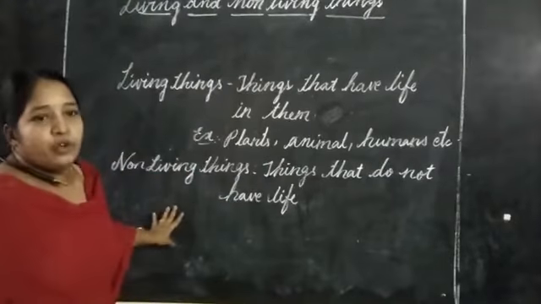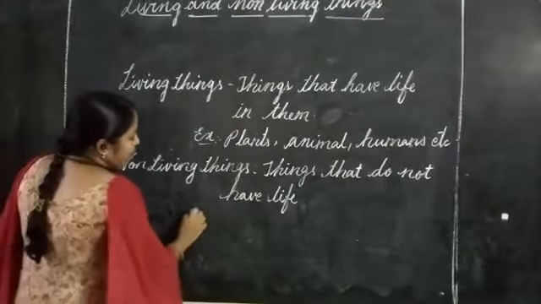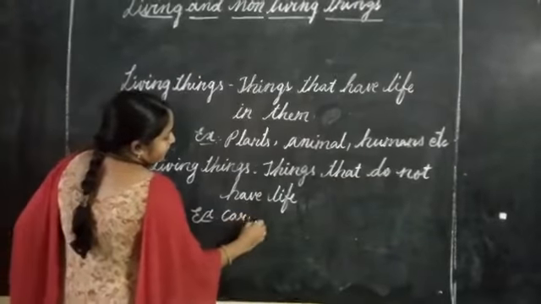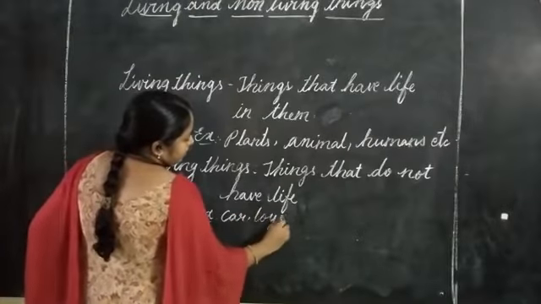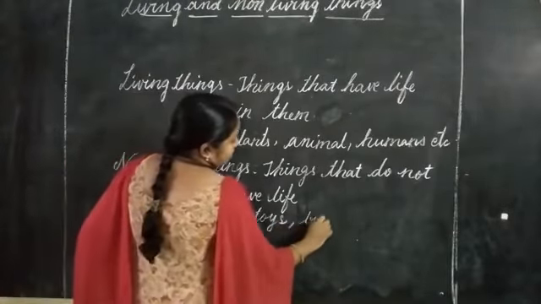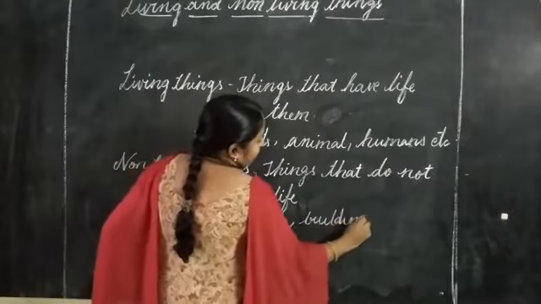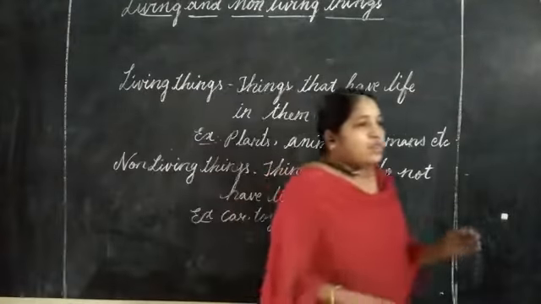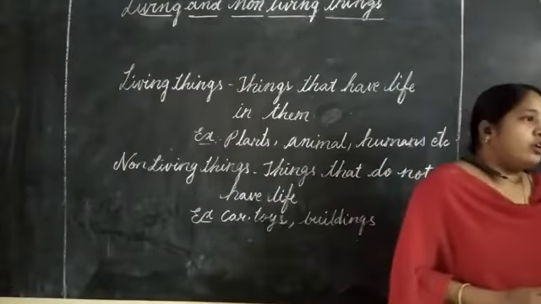What are the examples of non-living things? Heart, toys, buildings, and so on. Okay. And how can you say whether a thing has life or not?